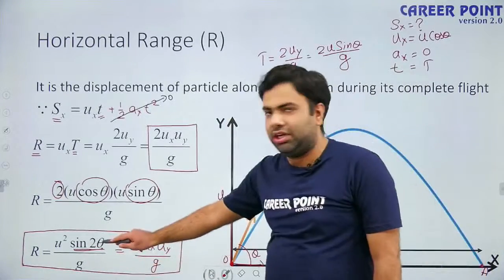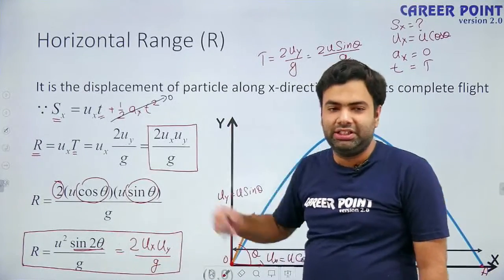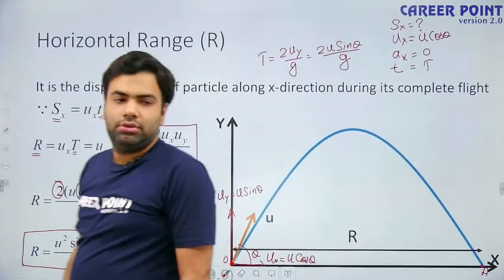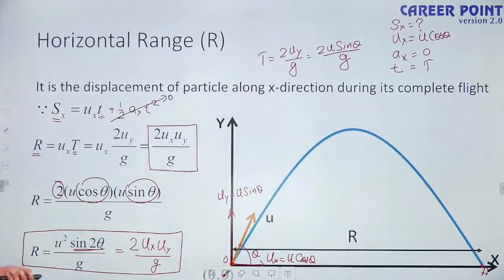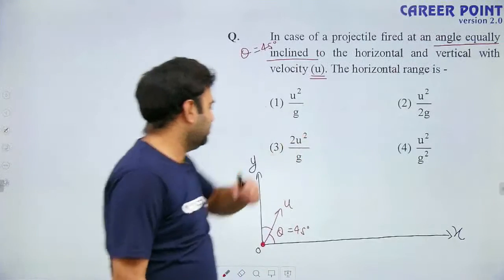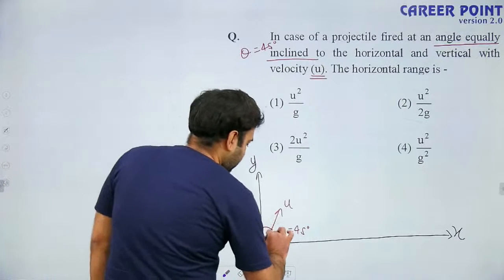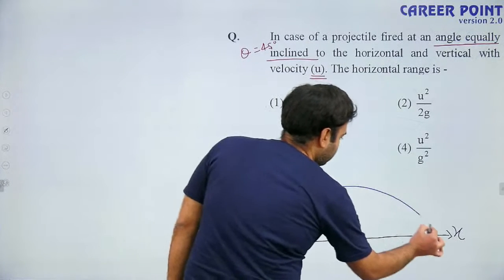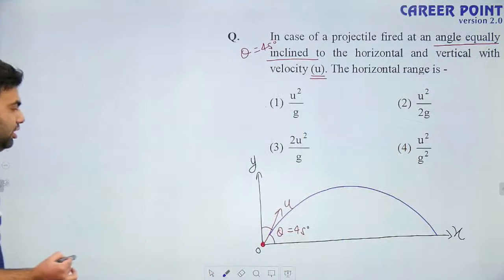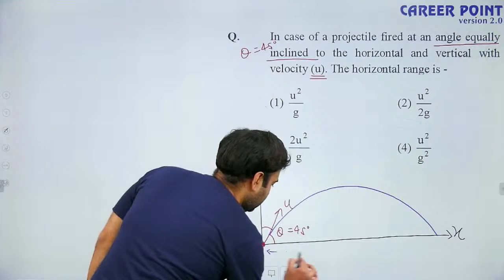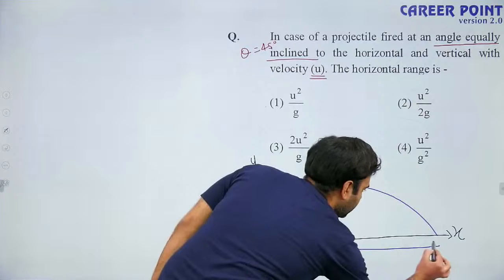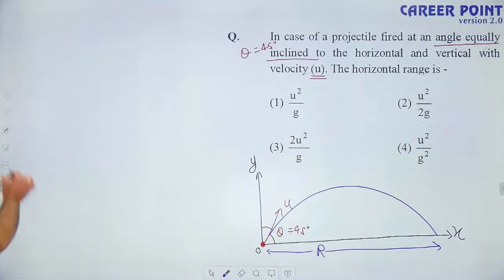That means if theta is 30 degrees, 2 theta will be 60 degrees. Use this formula and find out the answer. What you have to calculate is the range. That means its path will be like this, and this distance is known as the range of the projectile. You have to calculate this.